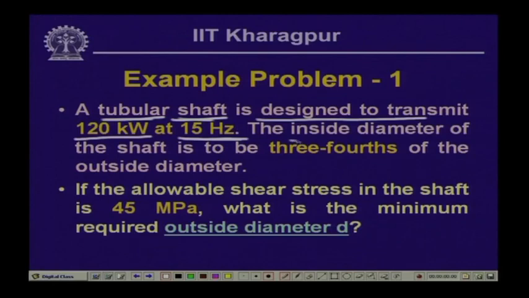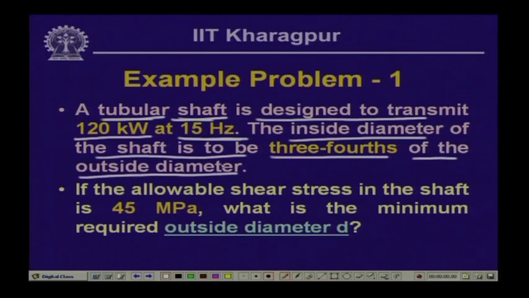The inside diameter of the shaft is to be 3/4 of the outside diameter. So, if the outside diameter is d, then the inside diameter is 0.75 times d. If the allowable shear stress is 45 MPa, what is the minimum required outside diameter d?